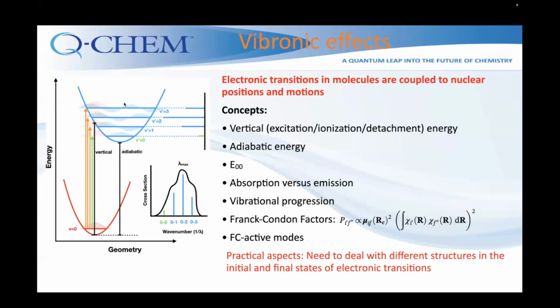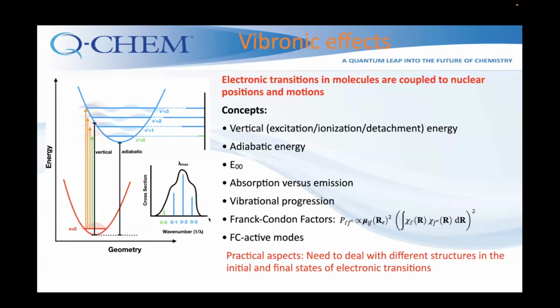So what else do we need to have a connection between theory and experiment? Well, in addition to these electronic parameters, we really want to be able to describe the shape of a transition that comes from the vibrational overlaps of the ground state vibrational function and excited state vibrational levels. They are called Franck-Condon factors. And if we can compute them, we can get the shape of a transition.